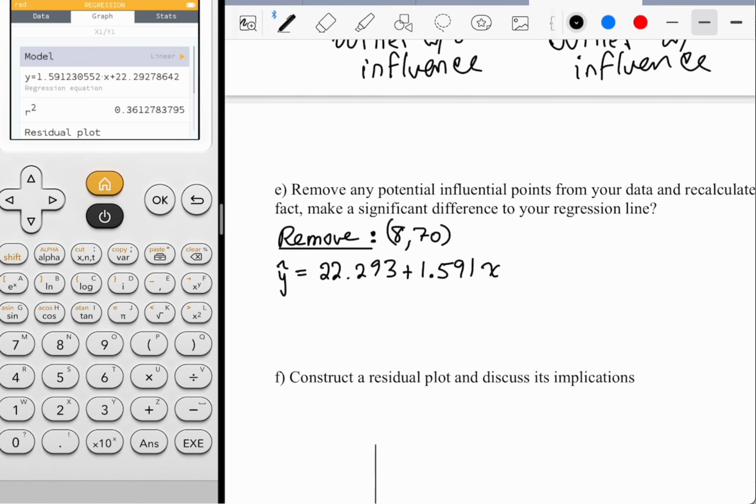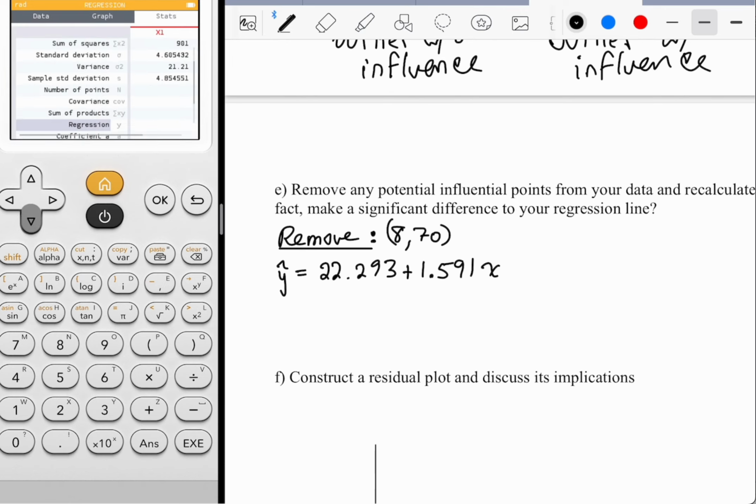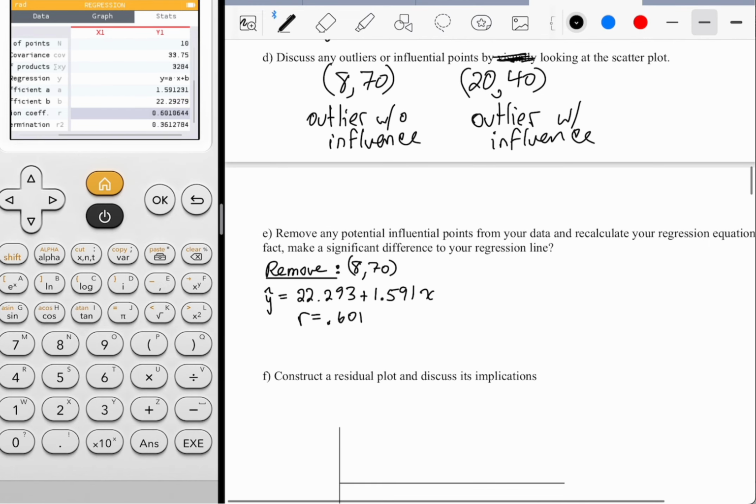The r squared value you can get from here, but they've been asking for the r value, so I'm just going to grab that from the stat menu. So r is 0.601.